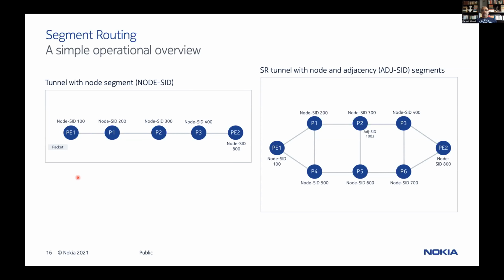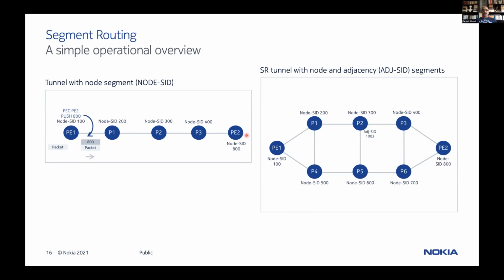Now, having a SID for PE2 of 800 means that PE1, in order to send any traffic to PE2, only needs to put a label of 800 on its packet. And it knows that it'll make its way to PE2 because it's the globally significant node SID for PE2.